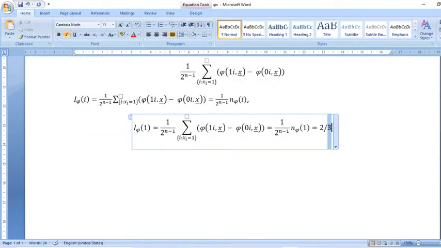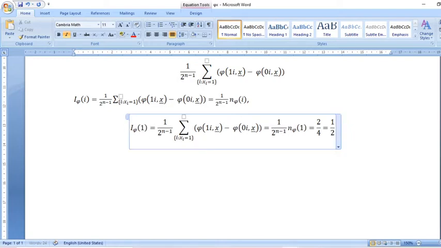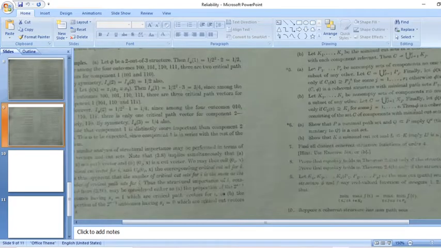So there are 2 critical path vectors among the vectors with I equal to 1. So what will be the component importance? Yes, 1 by 2 is the component importance.